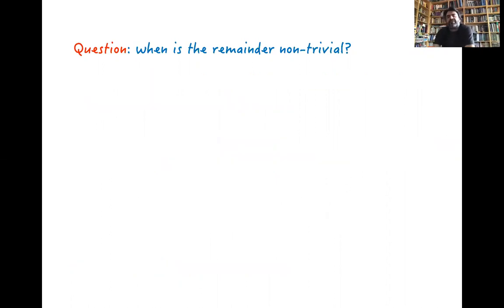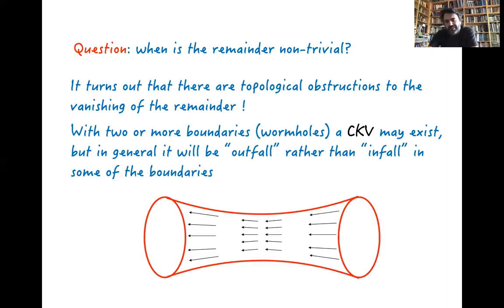Now, I put the question again because there is another situation, which is amusing, in which the remainder term is also needed, okay? And this is that you can have topological obstructions. The simplest possible non-trivial topological situation is the wormhole of the thermofield double, okay? So here you have a beautiful extremal surface, which is cylindrical.